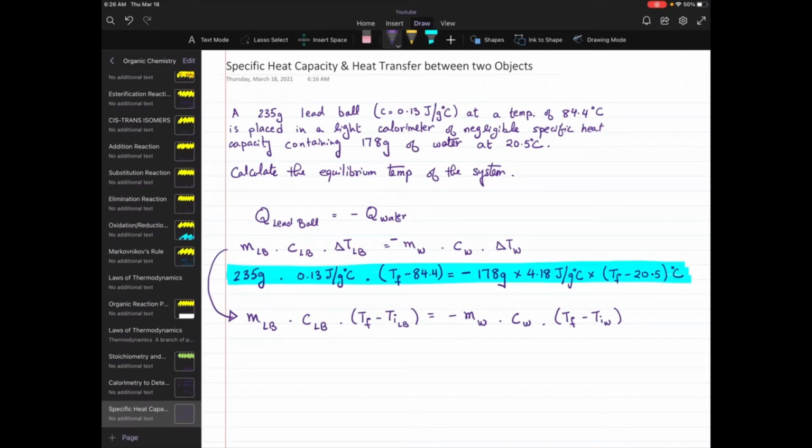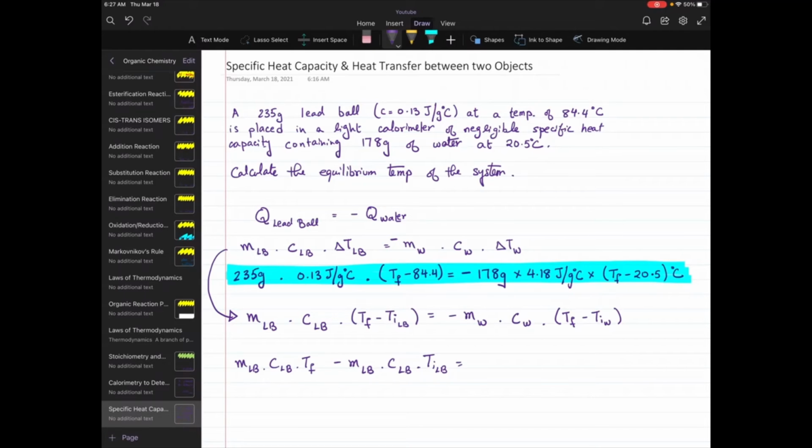Okay, so I have these equations here, and now what I can do is open the brackets. So what I get is M of LB times C of LB times TF minus M of LB C of LB times TI of LB is equal to, and now we have a negative sign here. So what I can do is take the negative and flip the signs for the TF and the TW, or I can keep it.